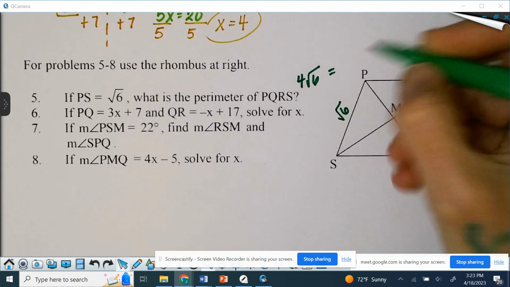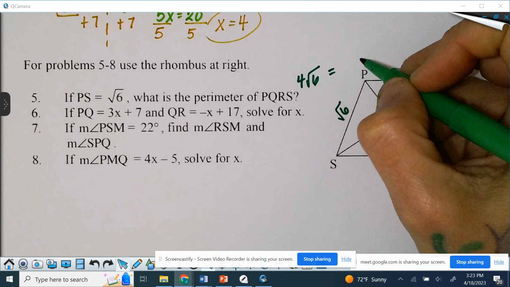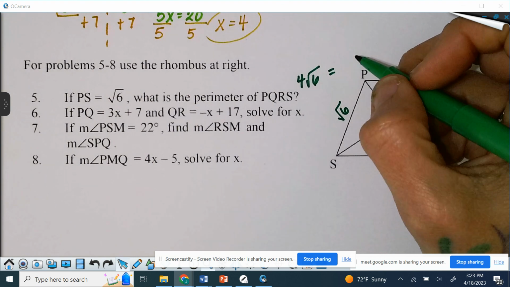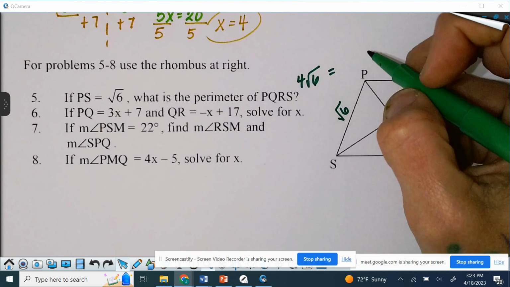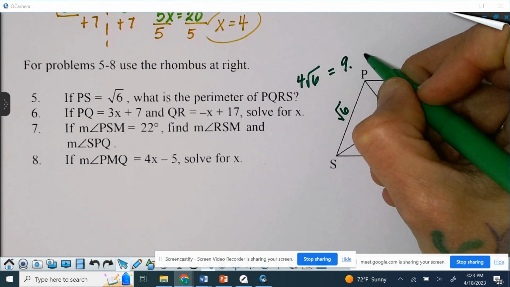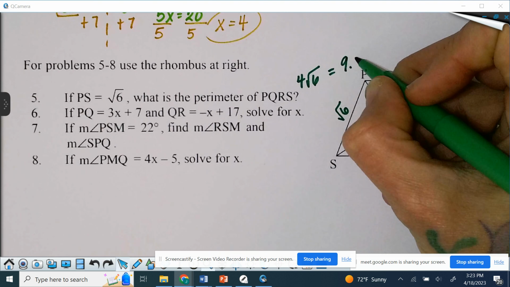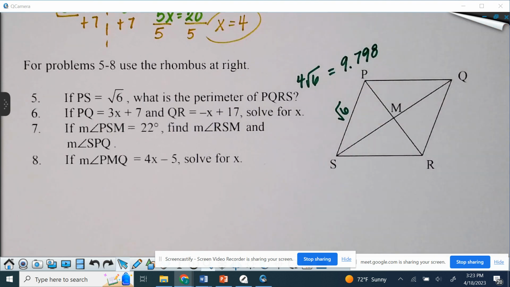Or if you did do it, the square root of 6 is 2.44948, blah, blah, blah. Be careful by doing that, though. Where they round matters a lot. But as a decimal, if we used accurate and didn't round to the very end, that would be pretty accurate. You may actually see it as a 9.8 as the perimeter when it's 4 times the square root of 6.